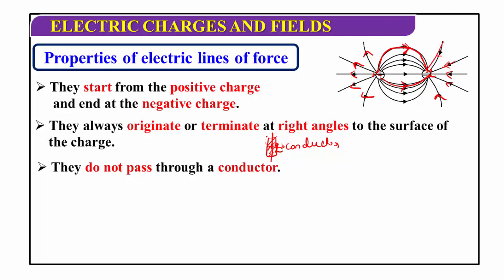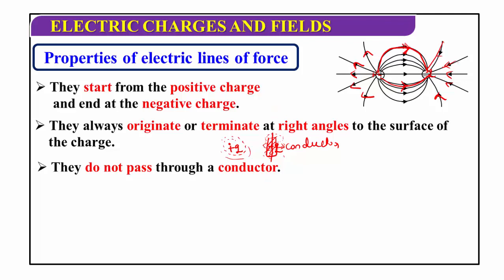The region around the current carrying conductor, or the region around the positive charge, is called the electric field. But electric field lines are imaginary lines. The electric field lines do not pass through this conductor. Electric field lines do not pass through the conductor.